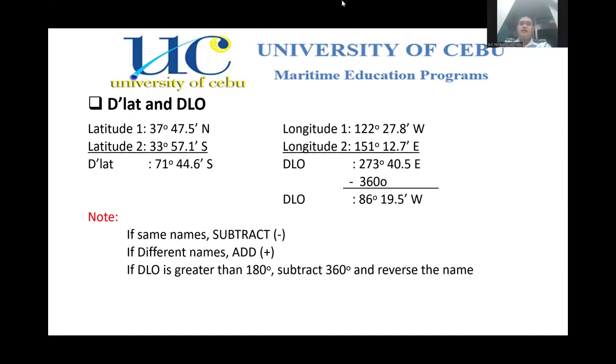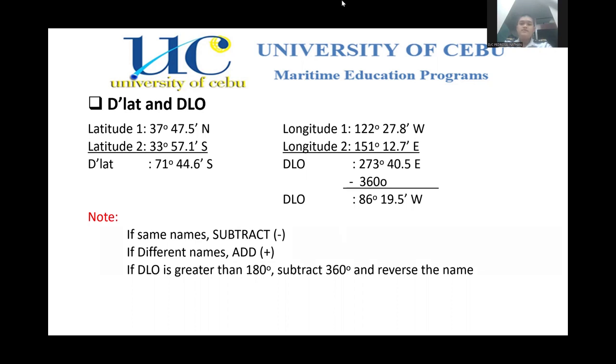So to get the D lat and D long, first is to get the latitude 1, which is the given 37 degrees 47.5 minutes north, and the latitude 2, which is 33 degrees 57.1 minutes south. So note, if same names, subtract.